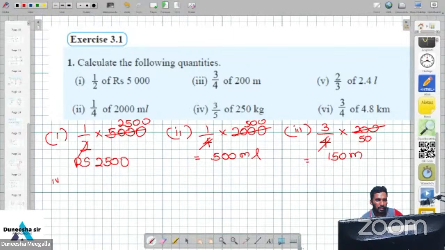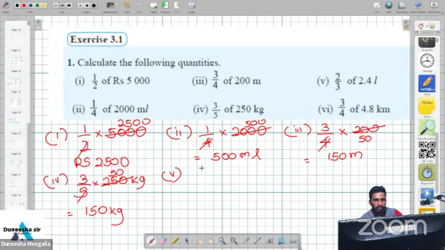Okay. Fourth one, 3 over 5 have to multiply by 250 kilograms. How many kilograms? 250, 50, then 150 kilogram.